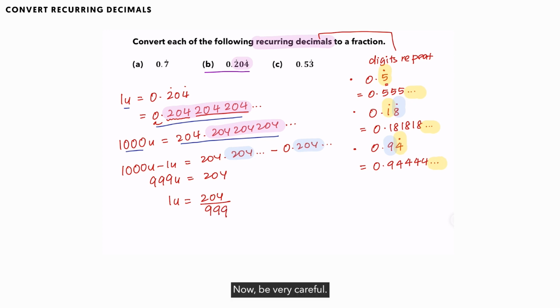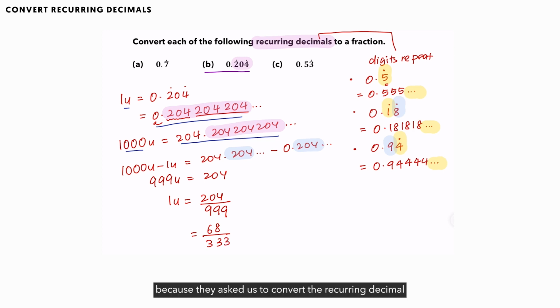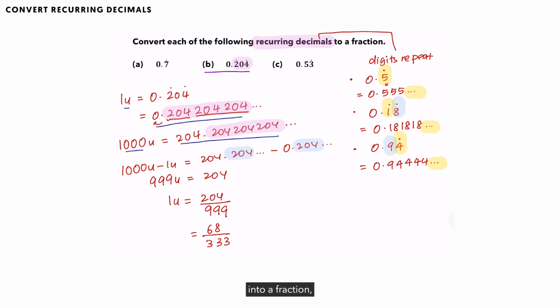Now be very careful. In such cases, always make sure that you simplify the fraction. If you're not sure, you can always use your calculator, and you should get 68 upon 333 as your final answer. And also don't forget, because they ask us to convert the recurring decimal into a fraction, if you just leave your answer like that, 1 unit is 68 upon 333, it doesn't make sense.